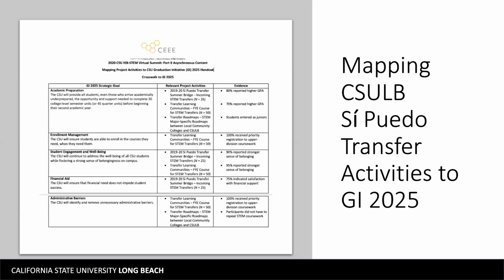These types of forms or templates are a very simple and effective way to highlight your grant-funded program activities and the ways in which your program activities are meeting the CSU GI 2025 goals, especially as you make your case for institutionalization, which will be the focus of the final 2020 CSU HSI-STEM Summit video presented by Dawn and Avery from CEEE.